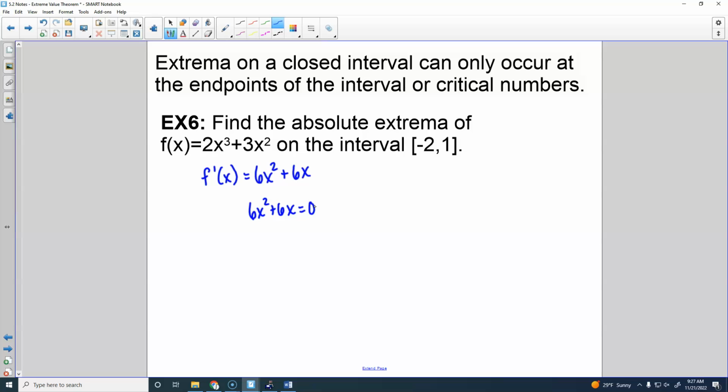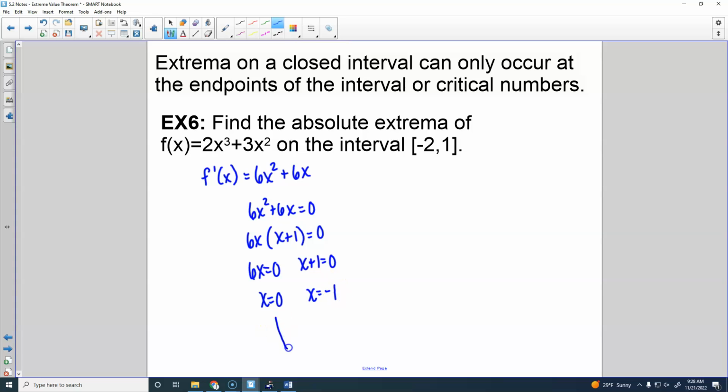How do I solve that? Okay, we can pull out a 6x or just the x, whichever one you prefer. We get x plus 1 equals 0. And then we set each one equal to 0. So 6x equals 0, x plus 1 equals 0. We will get x equals 0 and x equals negative 1.